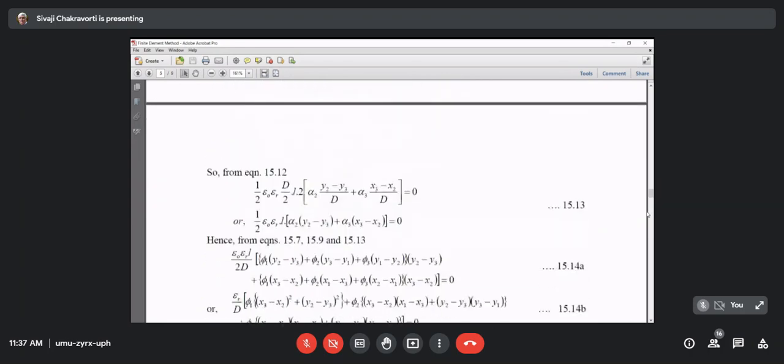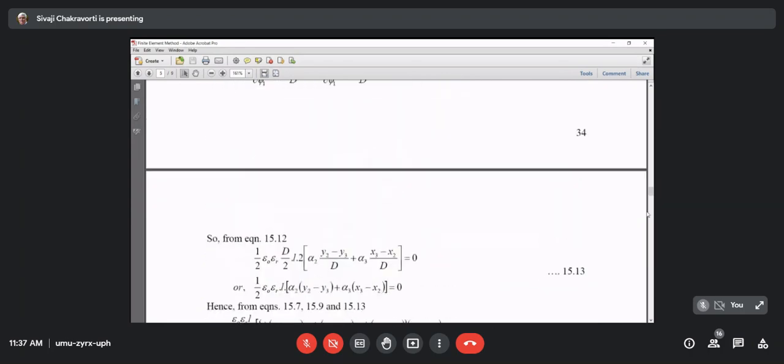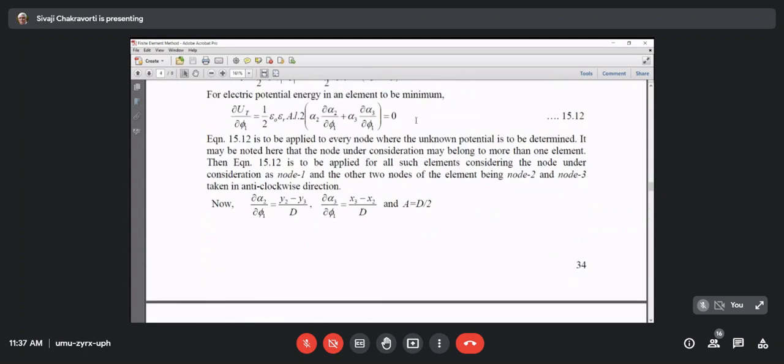Then we put everything together in equation 15.12 that you can see here. I am substituting del alpha 2 del phi 1 and del alpha 3 del phi 1 at the bottom of your screen in equation 15.12.